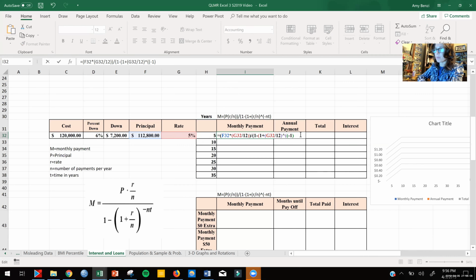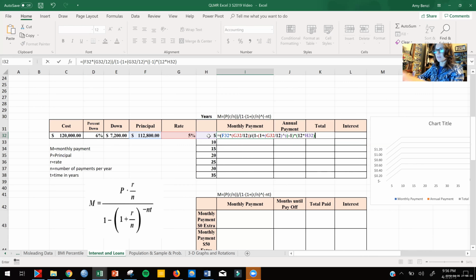And I'm adding extra parentheses. The parentheses, like I said, they just make me feel safe. So I have -1 times n, which we said was 12, times t, which is our time, which is right over here.